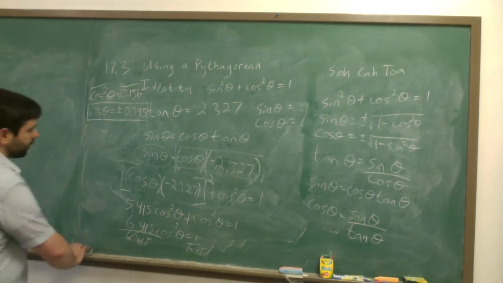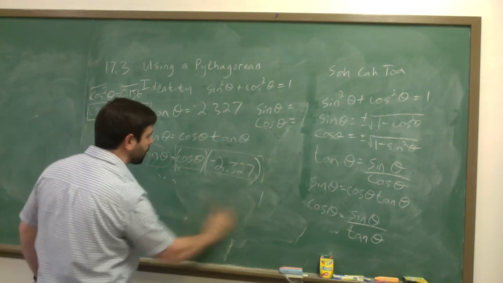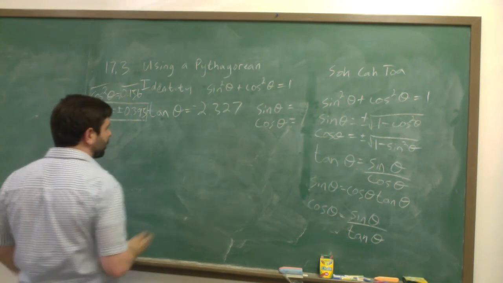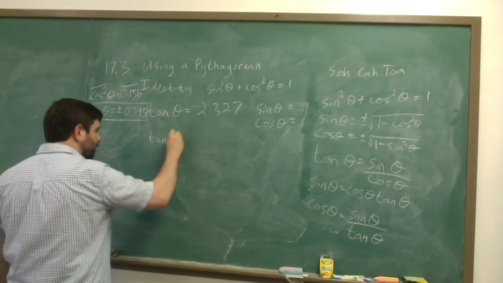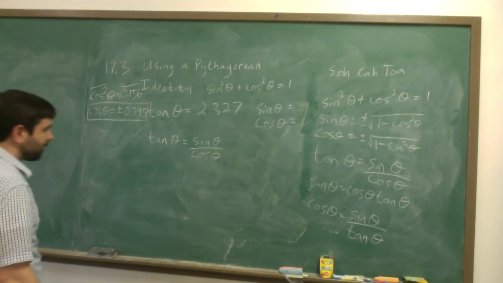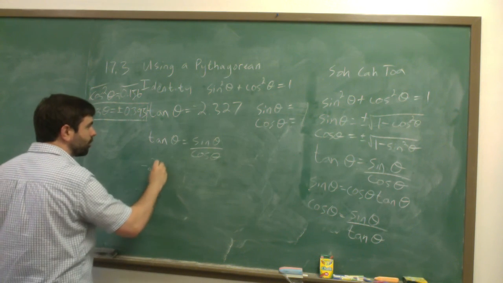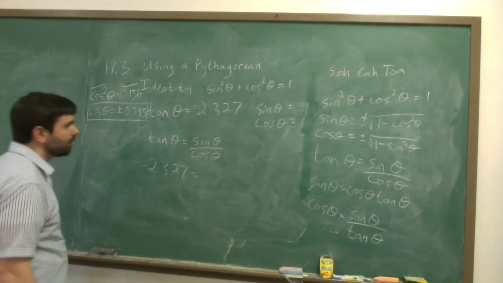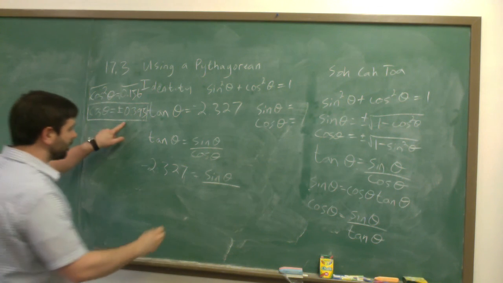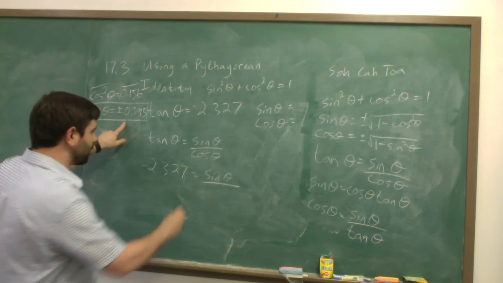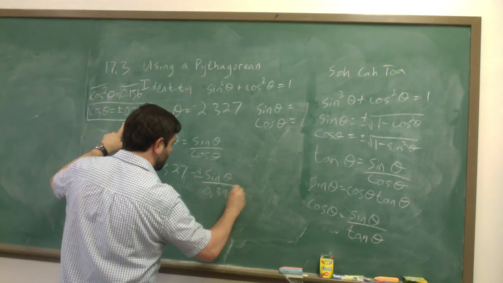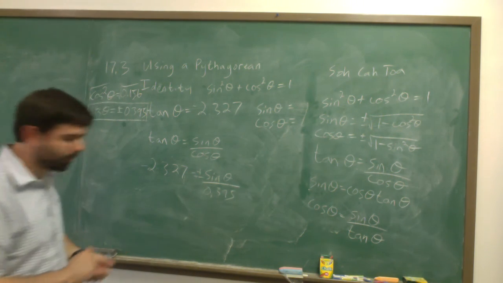Well, I would just do this. Keep it very simple. If we're looking for sine, we have cosine, we have tangent. We know tangent of theta equals sine theta over cosine theta. Tangent of theta is negative 2.327. Sine theta we don't know yet. Cosine theta is this down here. I'm going to move this plus or minus up to our sine theta. 0.395, so we're going to multiply both sides by 0.395.